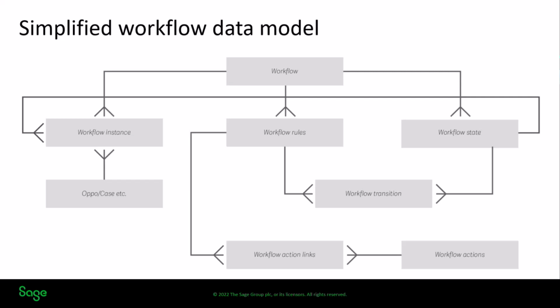This means that any record inside Sage CRM, once it's in a workflow, can't belong to any other workflow. So if you've got two possible workflows inside CRM for opportunities, once you've chosen something, you're in that workflow. Quite a common thing is, for example, there might be 3 separate case workflows, one for return materials authorization, one for customer complaints, and one for customer support.